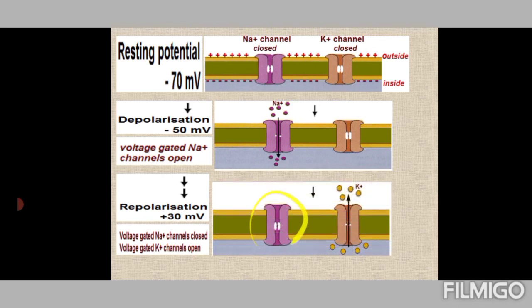So this is closed, and at this voltage, potassium channels are induced and they are opened. And the potassium cation goes out of the cell like here. So this is how the different voltages control these voltage-gated channels.